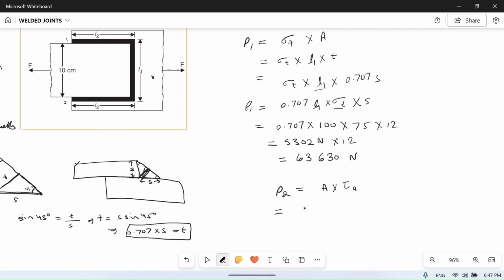Area will be throat into length of the weld, L2 into tau. The throat thickness is 0.707 into S. And now there are two sides, here also, here also. So there will be 2L2, L2 plus L2, into L2 into tau.